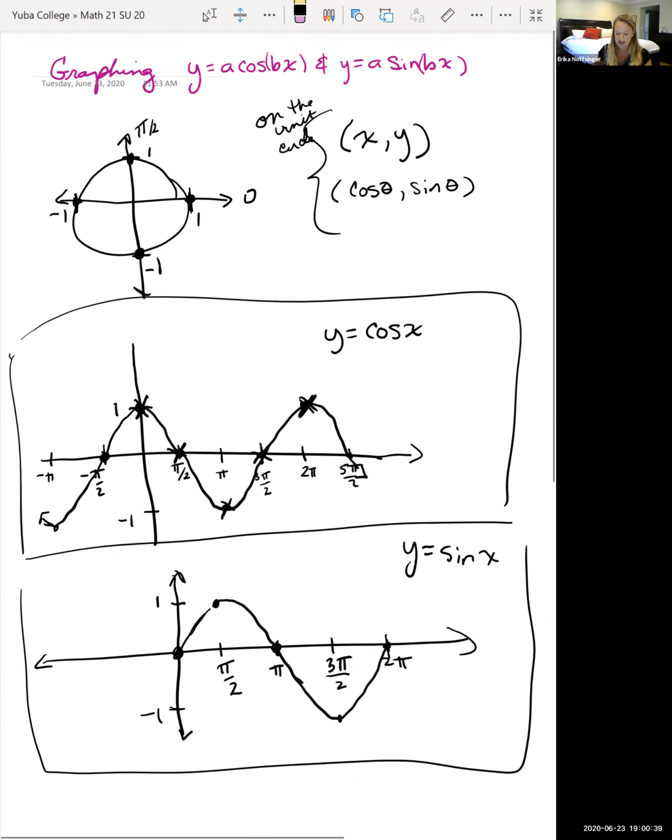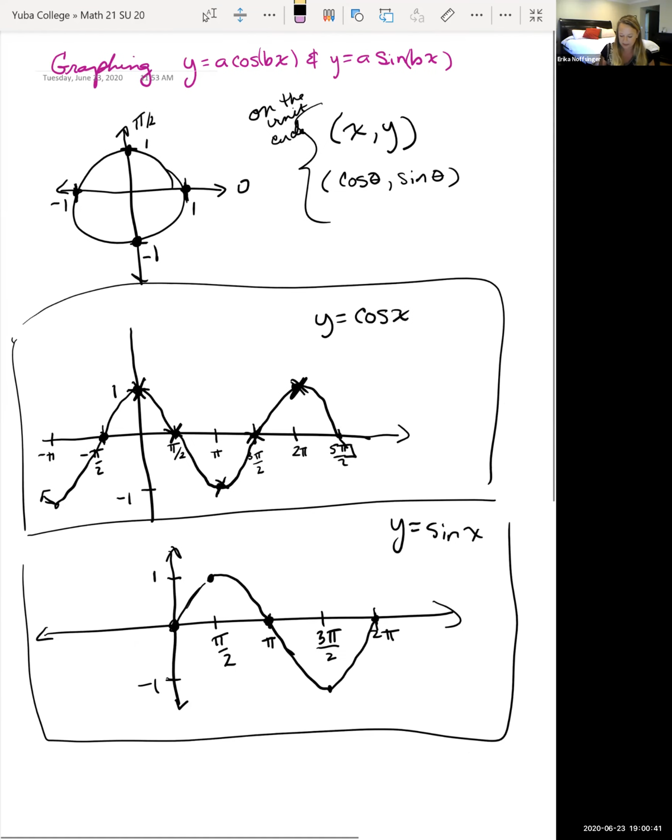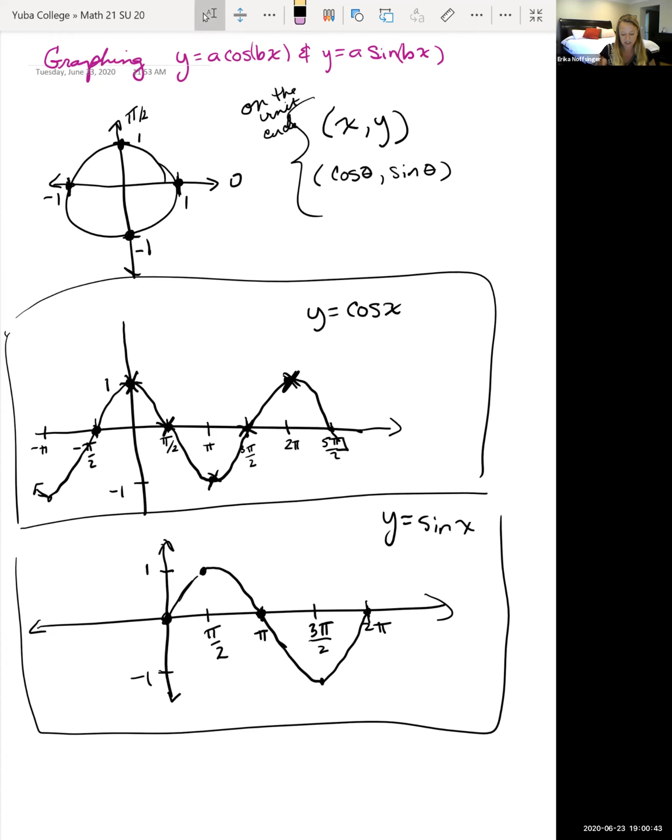Okay, so we talked about yesterday that the range for our cosine and our sine function is between -1 and 1. We can plug any real number in for our angle and get back some value. And so our domain is all real numbers.